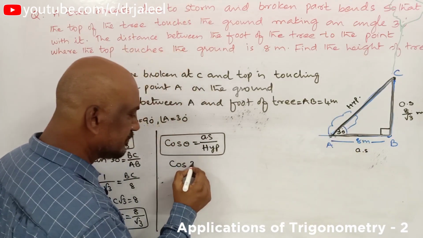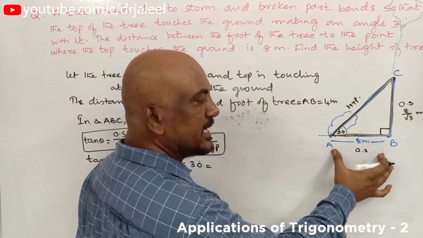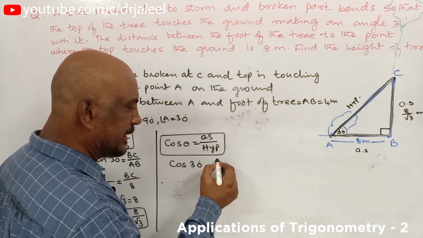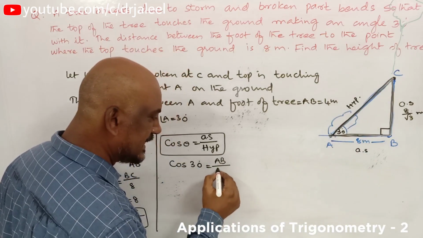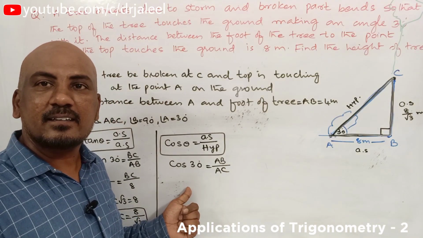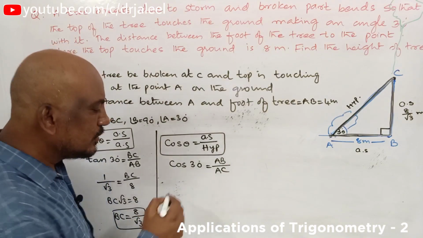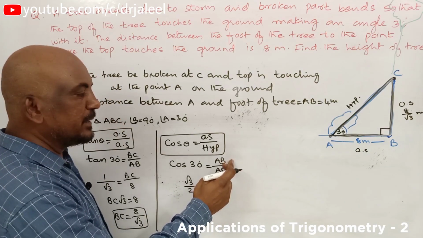Theta is 30, and adjacent, what is adjacent side here? AB is equal to 8 meters. First we will write AB and in the next step we will substitute it. By hypotenuse is AC. So cos 30, what is cos 30 beta? Cos 30 is root 3 by 2 is equal to AB.